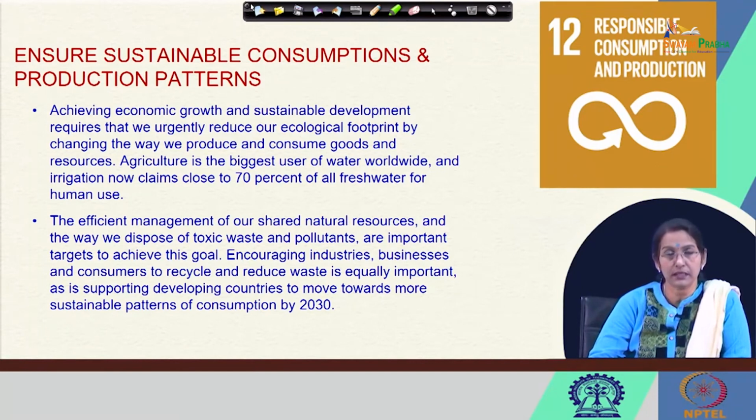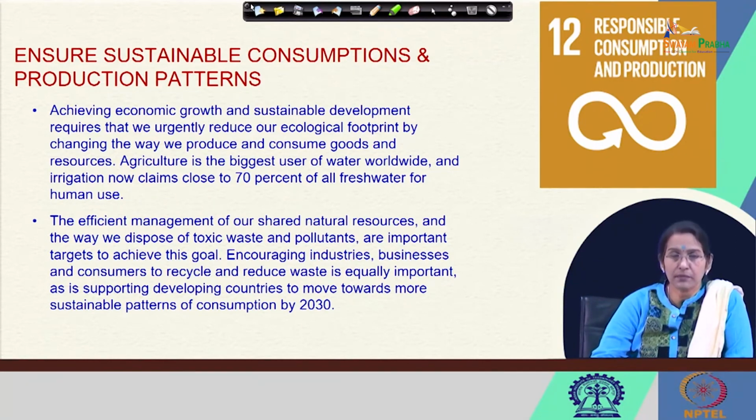How to minimize it? Again, we unnecessarily purchase and consume a lot of FMCG products and all kinds of consumer market products, which is not wise and sustainable. So how to develop this kind of mindset to consume sustainably and to produce sustainably?